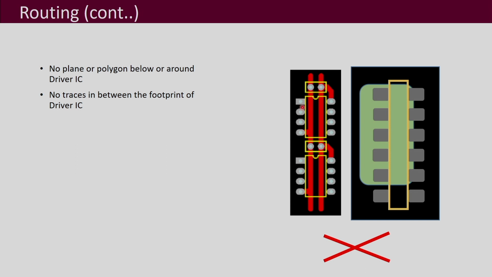And one more thing which you should know is that when you do the driver routing, it is preferable not to put traces inside the driver's IC area. This kind of routing is not preferred for driver circuits, nor is placement of a polygon or a plane below the driver area.